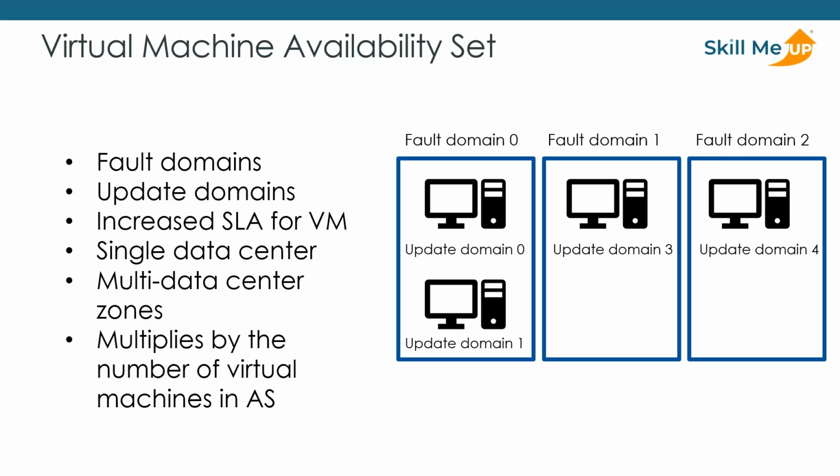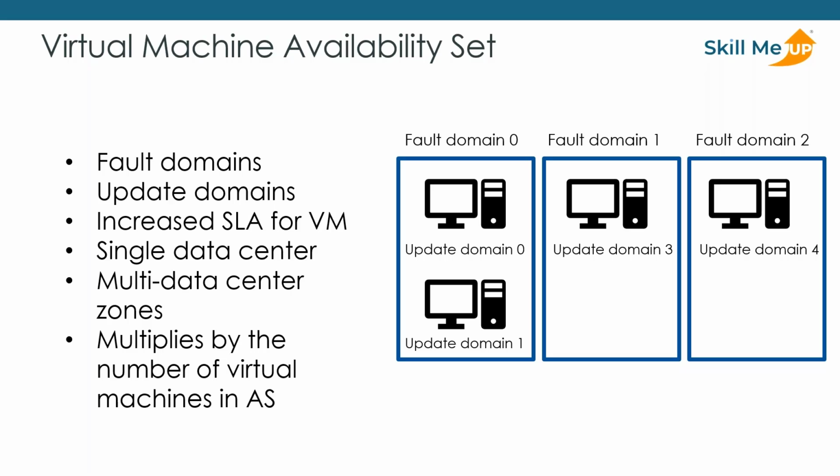They protect you against a fault on a rack by spreading your virtual machines across multiple racks. And that can be up to 3 racks. If you are taking that a step further, and we're talking about availability zones, which are multiple buildings within an Azure region, then you can actually have those racks in different buildings as well.